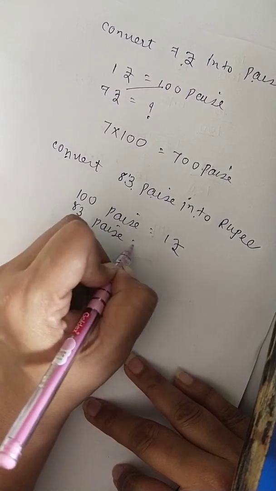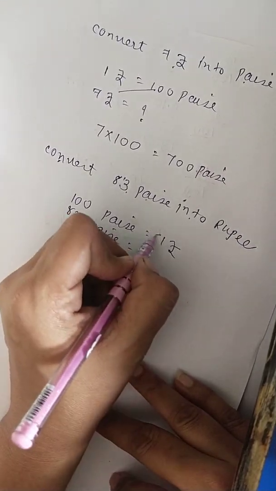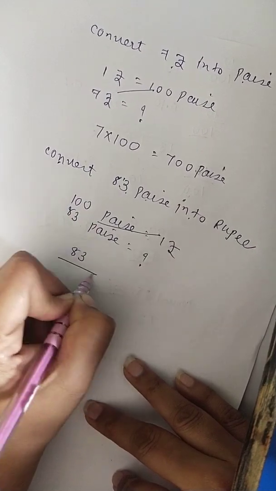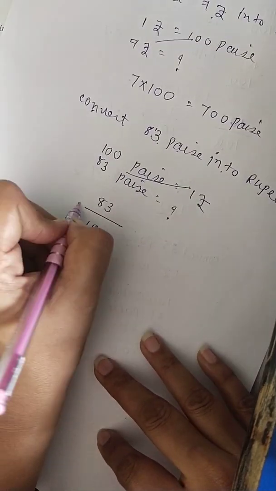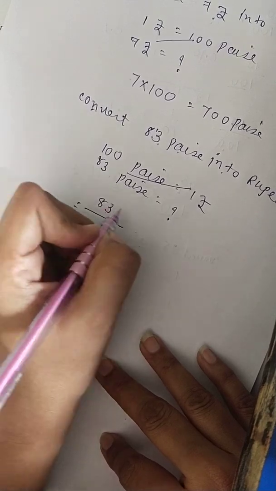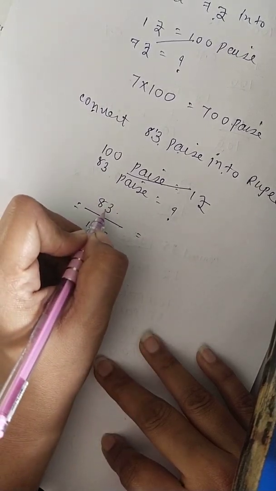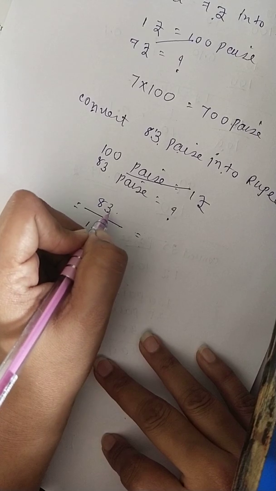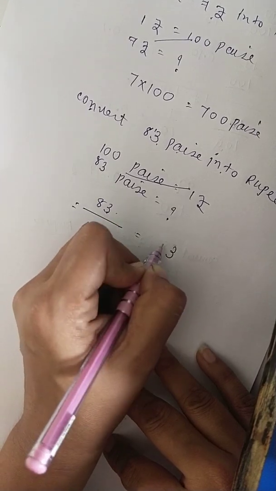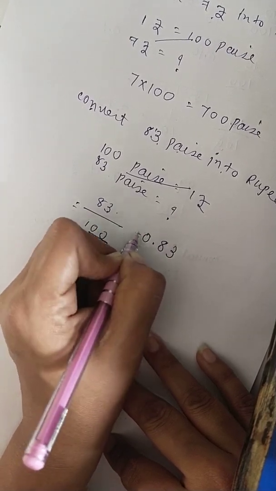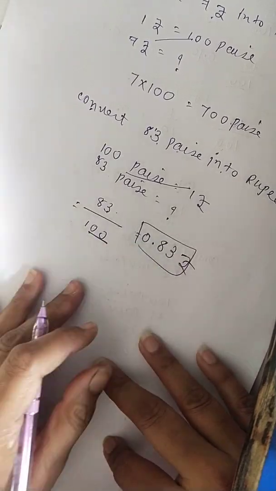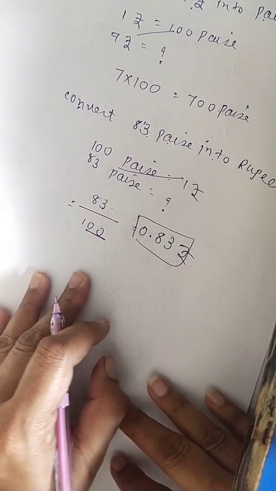So 83 paise is equal to how much? Cross multiplication, 83 divided by 100. Here there are two zeros, so we keep the decimal point after two digits, starting from the right side, 3, 8 and the point. So 0.83 rupee. Clear, students?